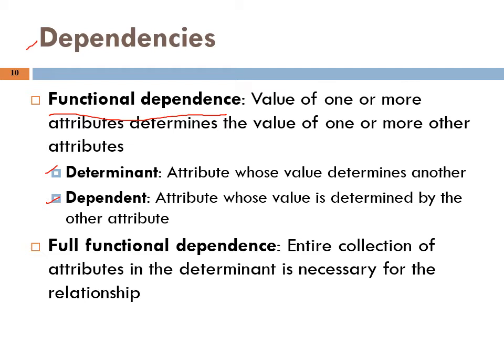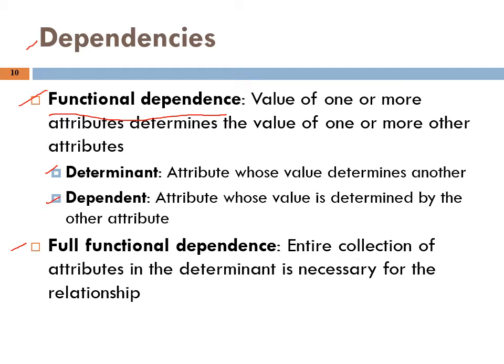So next is full functional dependence. Basically, the notion of functional dependence can be further refined by specifying full functional dependence. Full functional dependence refers to the entire collection of attributes in the determinant being necessary for the relationship.